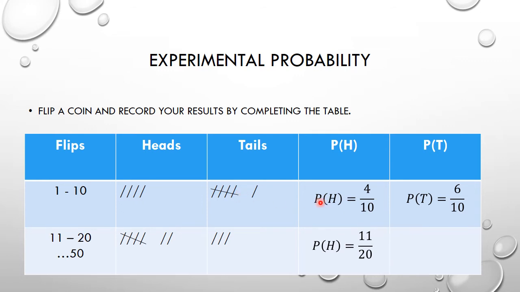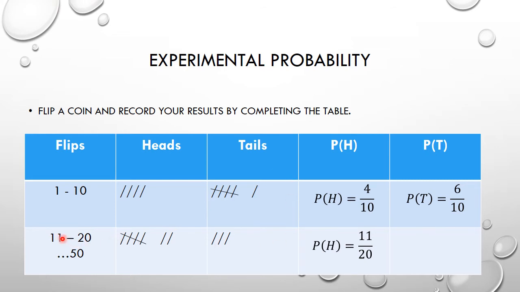So the probability of getting a heads, please note the notation, is 4, as I've gotten 4 heads, out of 10 because it's 10 trials. Let's do the same thing with tails. So the probability of getting a tails is 6 out of 10.